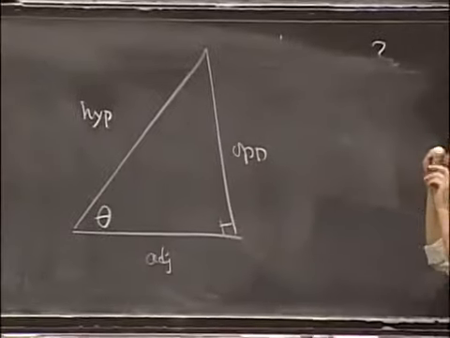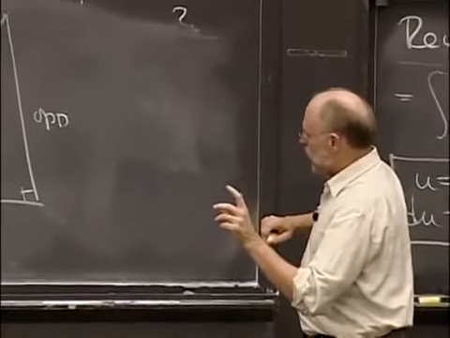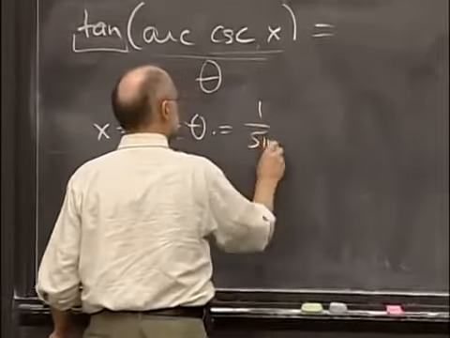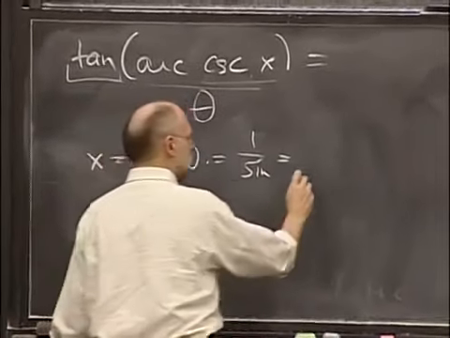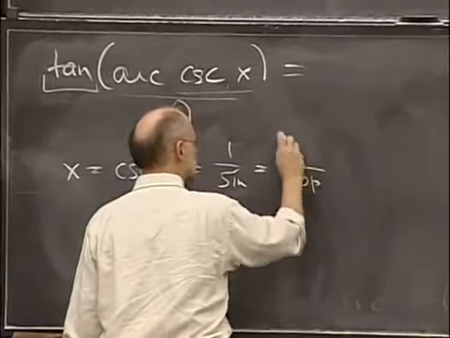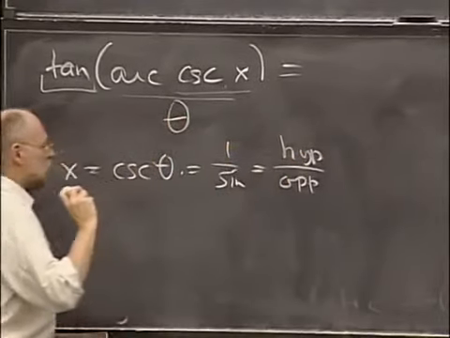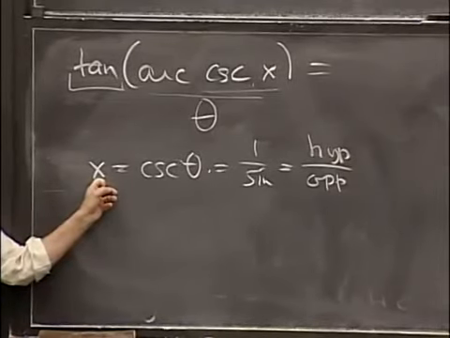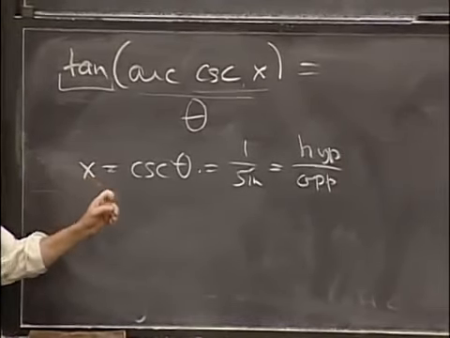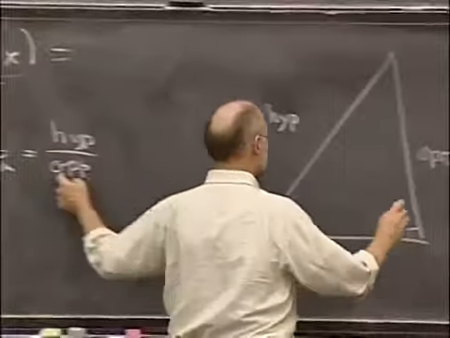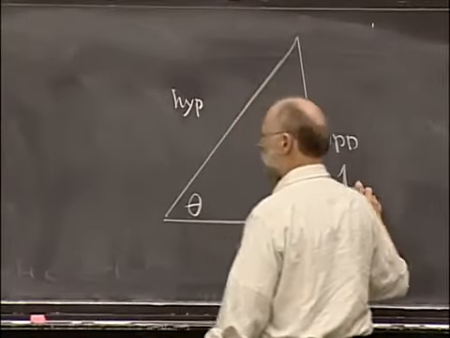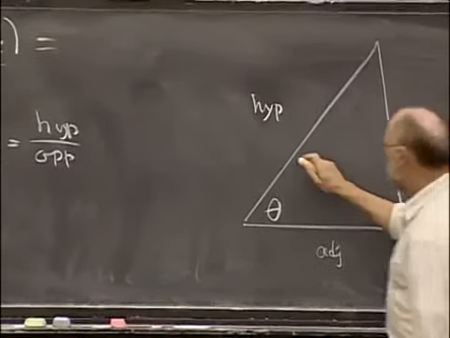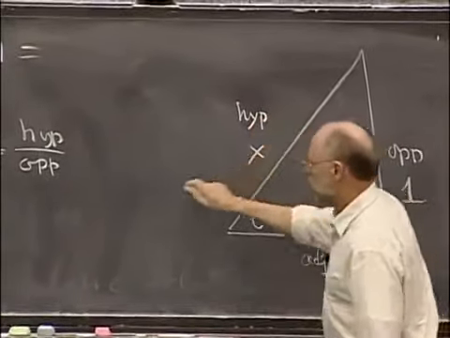Cosecant is 1 over the sine, and the sine is the opposite over the hypotenuse. So I get hypotenuse over opposite, and that's supposed to be what x is, okay? I could make the opposite anything I want, but the simplest thing is to make it 1. Let's do that. And then what does that mean about the rest of the sides? The hypotenuse had better be x, and then I've recovered this.